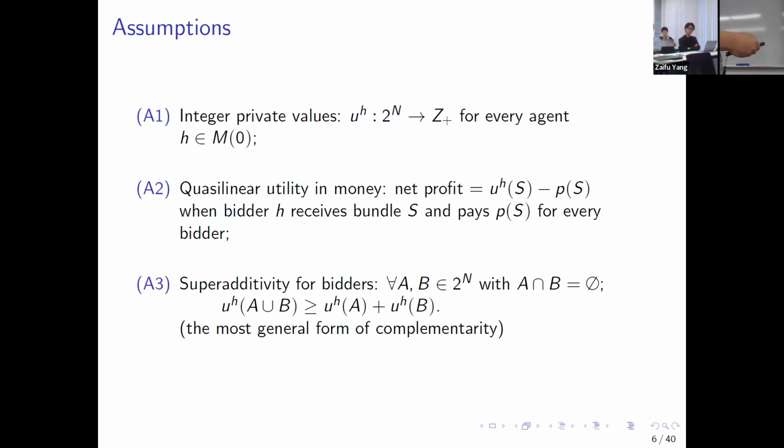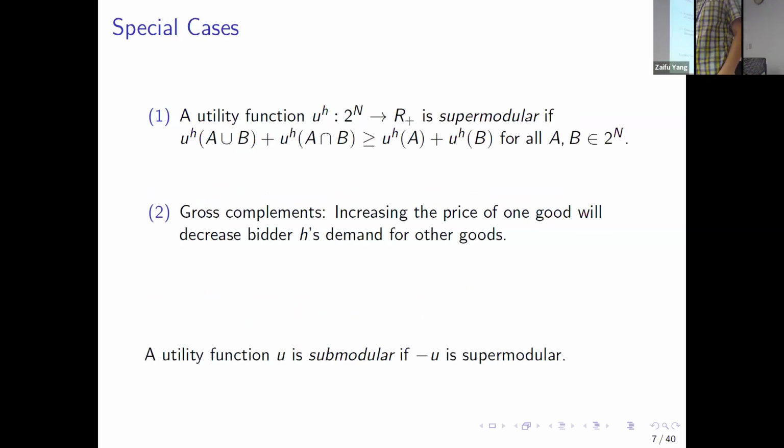So this means that if you have two disjoint sets of atoms, then using the two bundles together is more valuable than using them separately. So this is the most general form of complementarity.